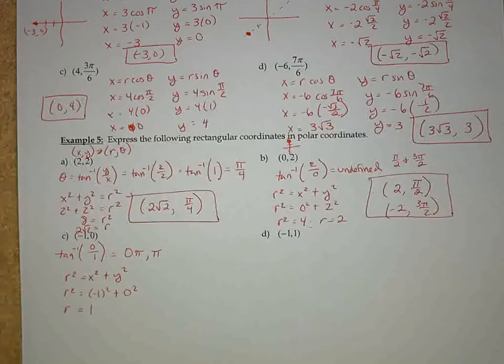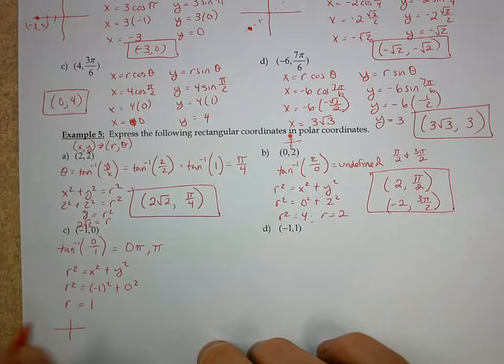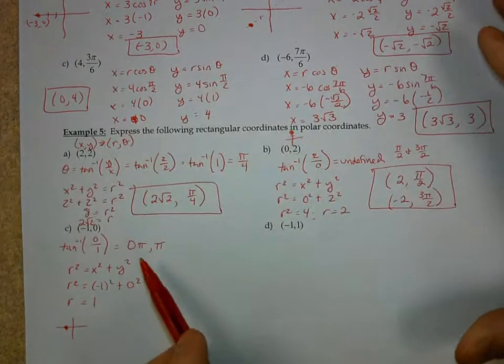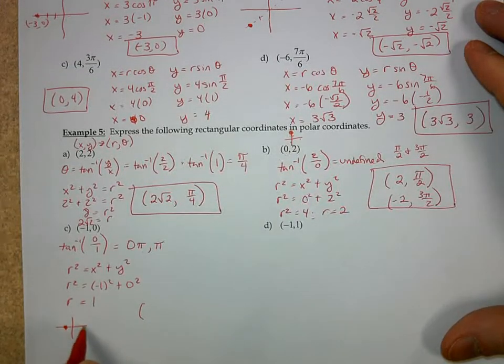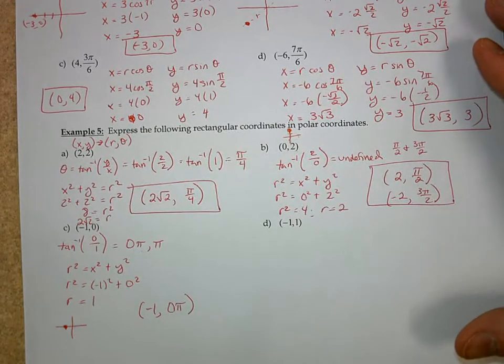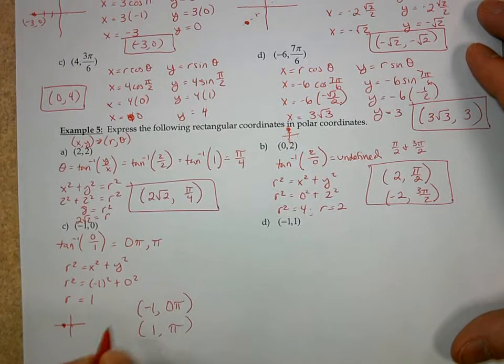So r is going to be 1. So if I want to look at this, I know my rectangular coordinate is negative 1 comma 0, which is that point out there. So if I'm going to use 0 pi as my angle measurement, that means I'm facing this way, which means I have to go negative 1 back. But if I use the positive pi, that means I'm facing this direction, and it's a positive 1 unit out.